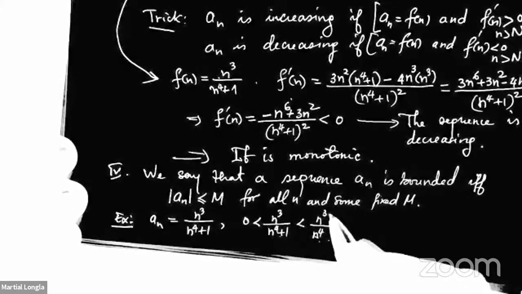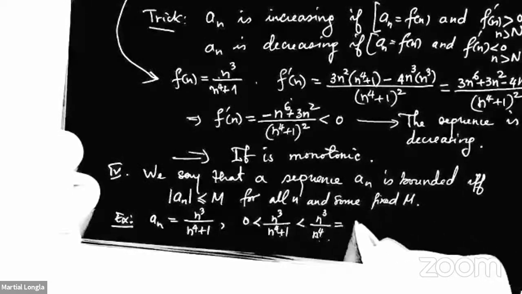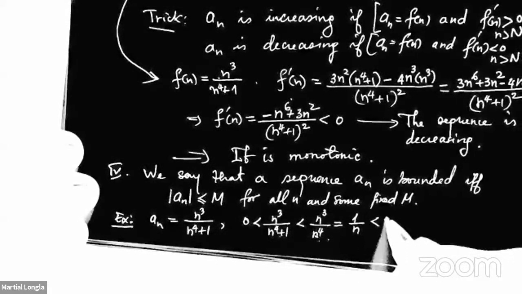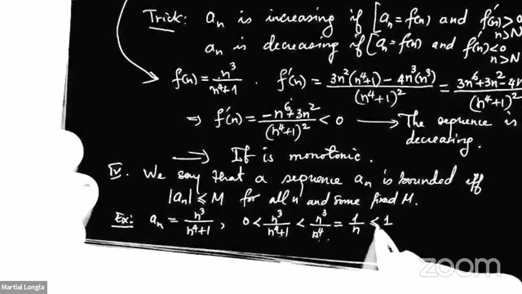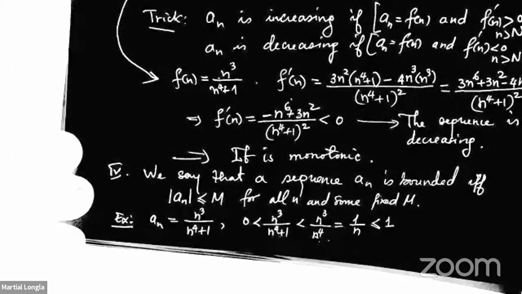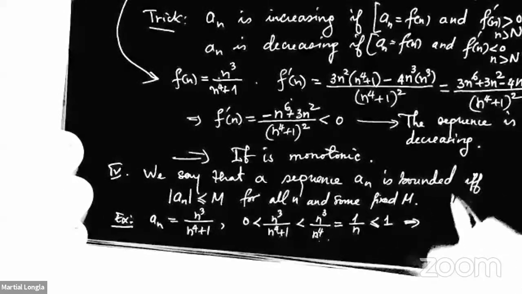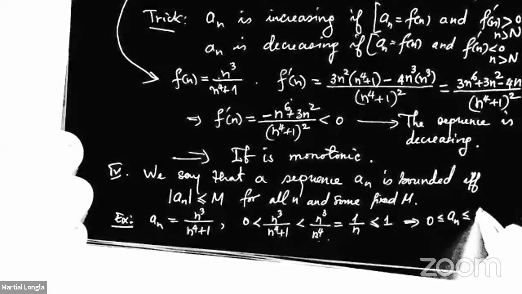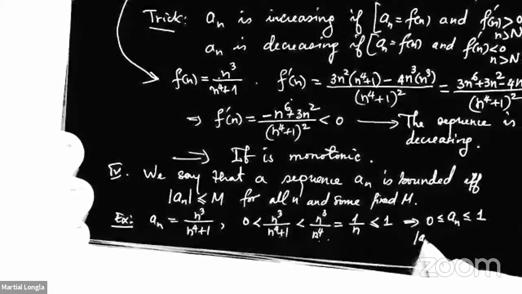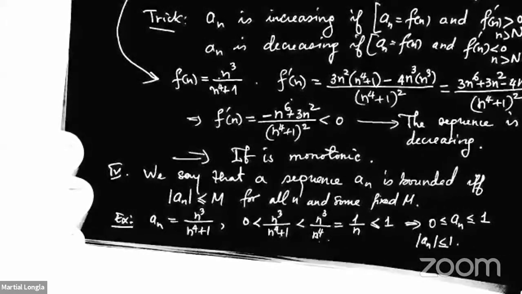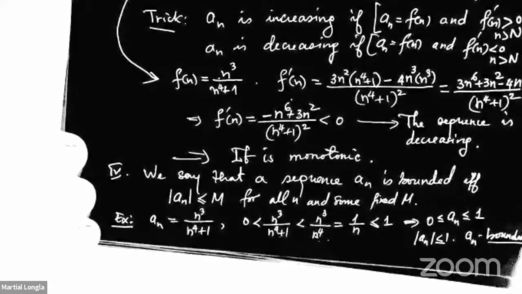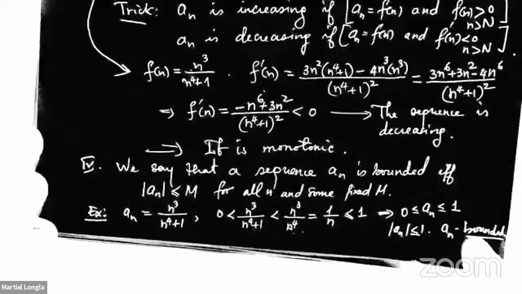And n cubed over n to the fourth is equal to 1 over n. And 1 over n is always less than 1, or at most 1 when n is equal to 1. So you have that 0 is less than an less than 1, so the absolute value of an is less than 1. So an is bounded. So this sequence is bounded.